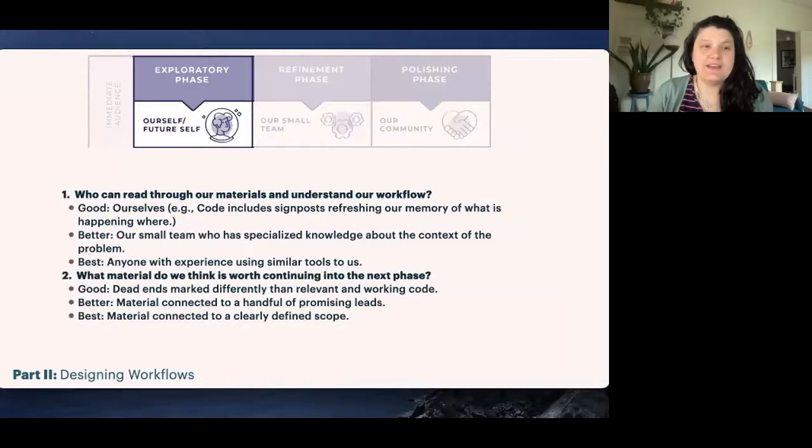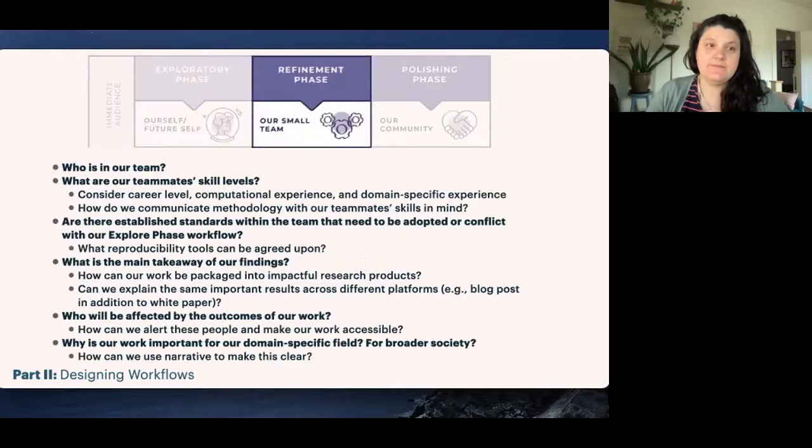Some questions you can ask during the exploratory phase, and this is all in the paper, these little boxes on how to guide this process: who can read through our materials and understand our workflow? And then I give some advice on that. What materials do you think are worth continuing into the next phase? For the refinement phase, where it's your small team, who is this small team?